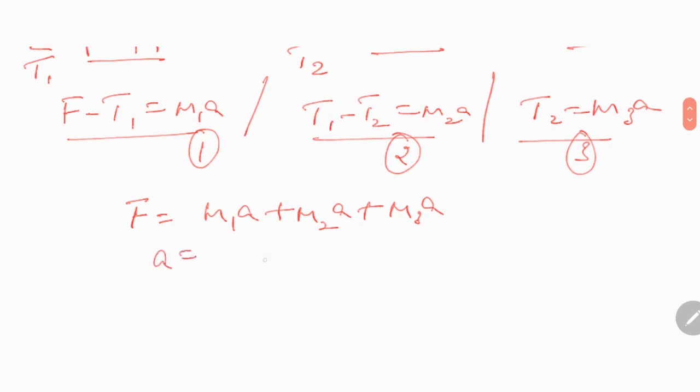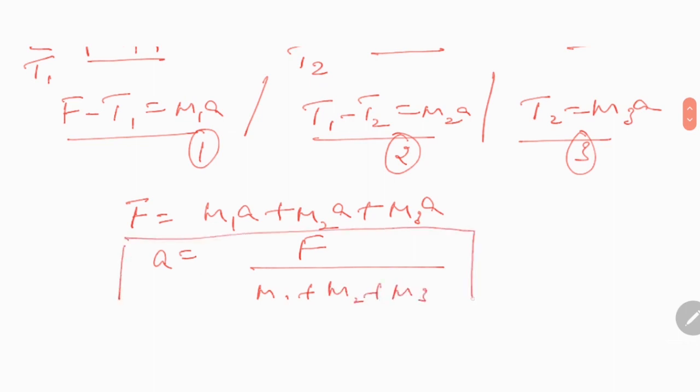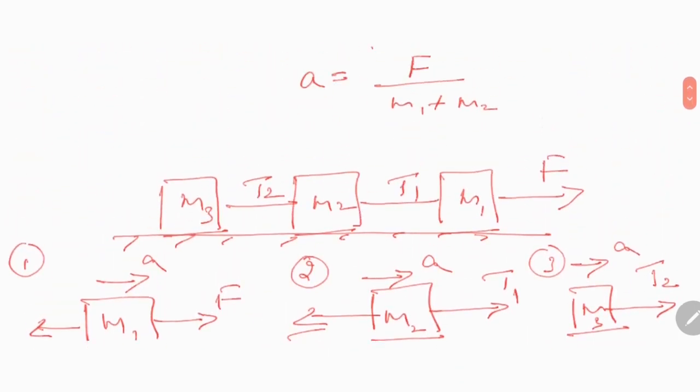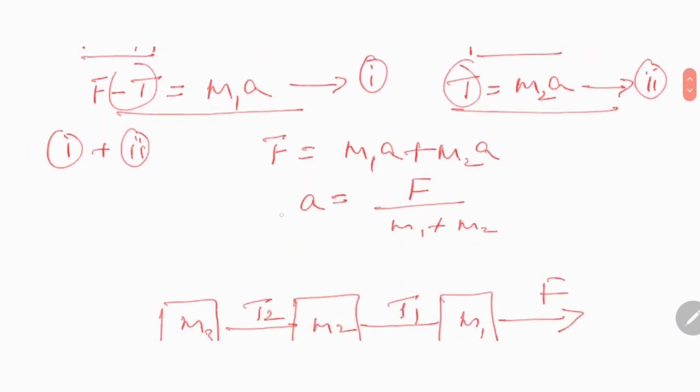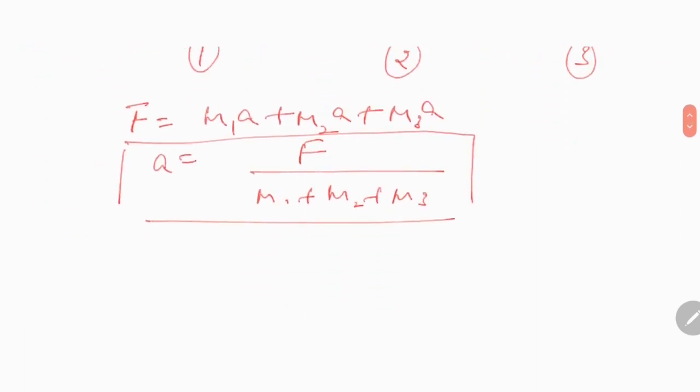Therefore, A will be equal to F by M1 plus M2 plus M3. So you see, this is very simple. There is not much complication in this, right? And it is again consistent with the previous case. Therefore, if I have n number of bodies, the acceleration of the system is A equal to the force applied divided by the sum of all the masses.